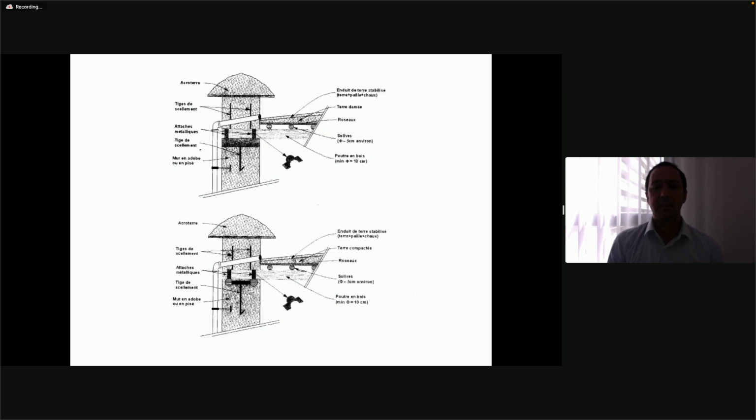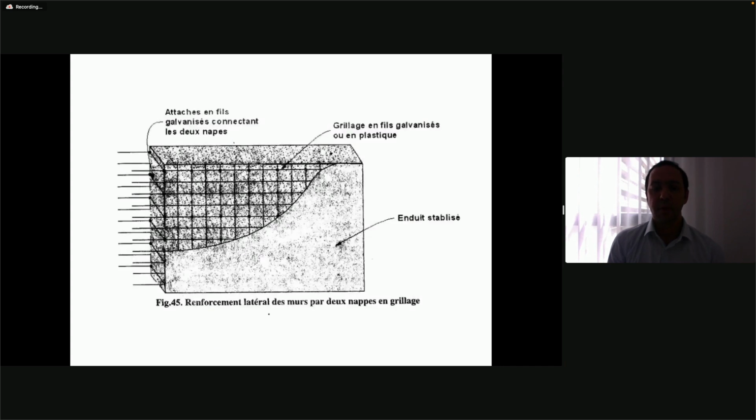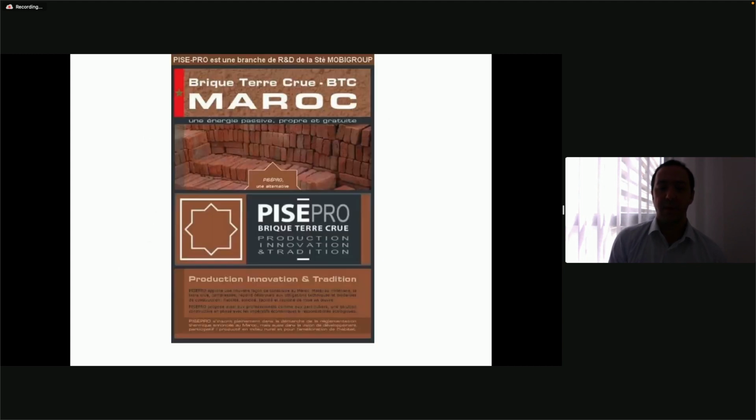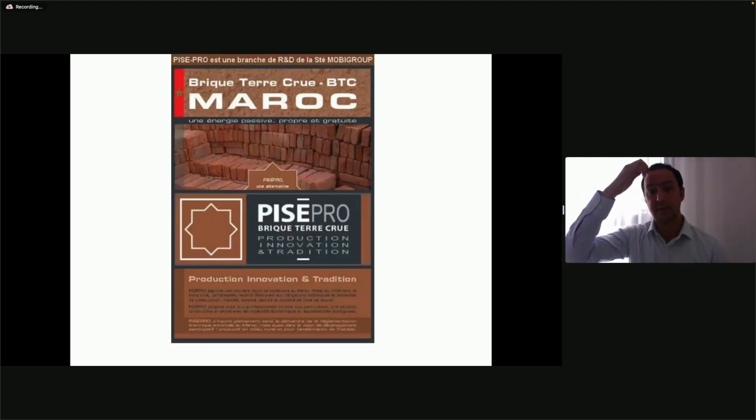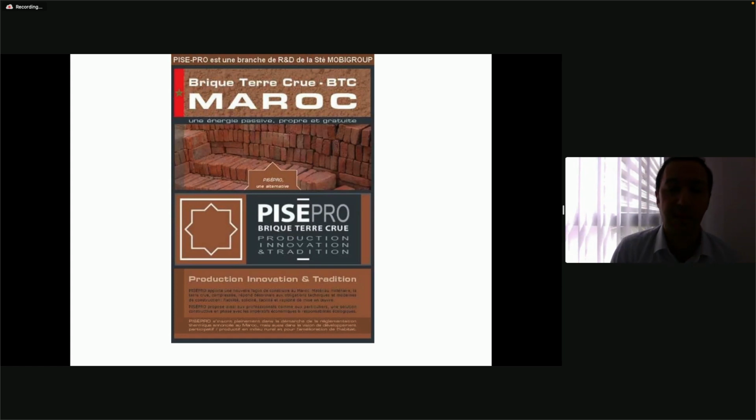So these are some examples from the earthquake code, and you have a lot of solutions. It's very easy to use these solutions to have earthquake-resistant buildings. You have new materials, very interesting, because they are a mix between industrialization and traditional materials, like this BTC, brique en terre crue.